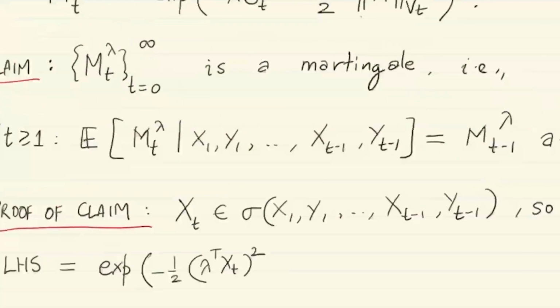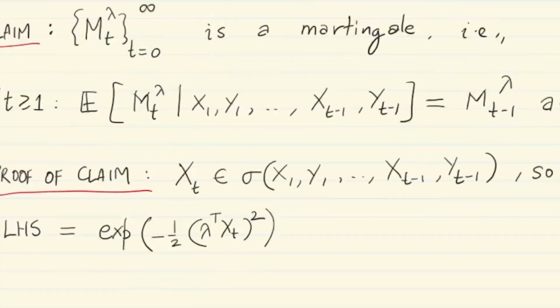This is just the last term in the norm of lambda under V_t squared. It comes out because x_t is already measurable with respect to x_1, y_1 up to x_{t-1}, y_{t-1}, just because of the causal nature of the sensing decision x_t. And then M_{t-1}(lambda) also comes out of the conditional expectation, because it's a function of exactly all these things.